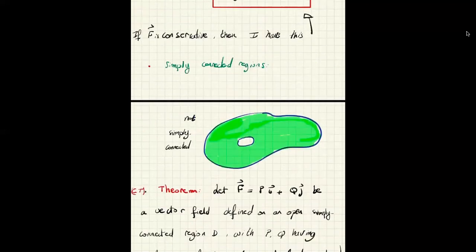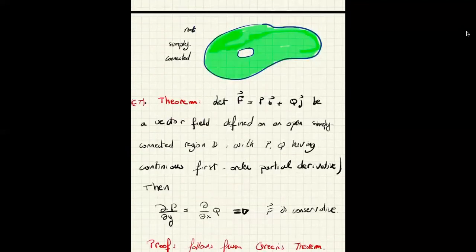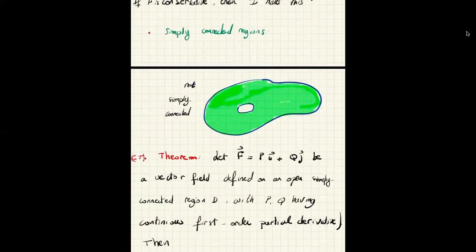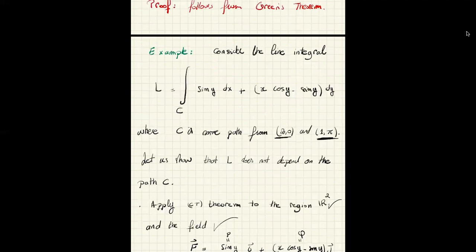Well, it's the other direction. This is the other direction. If they are not equal, it cannot be conservative, because if it's conservative, then it must be equal. I hope that everyone is understanding. Because you apply the theorem. If someone asks you, is it conservative?